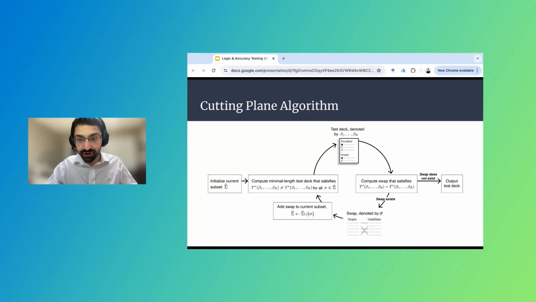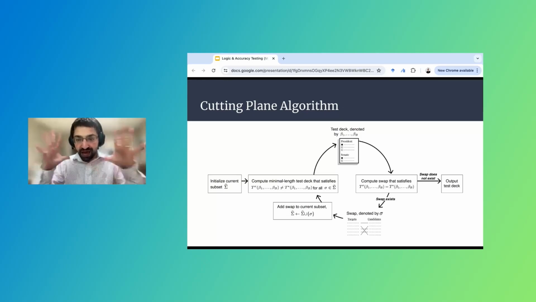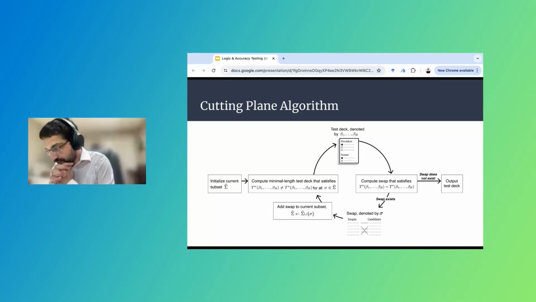Because there's a finite number of incorrect bijections, this algorithm will terminate after a finite number of iterations. And so this is a procedure by which one can obtain a test deck. Well, in principle, sure. But hopefully this high-level idea is clear.